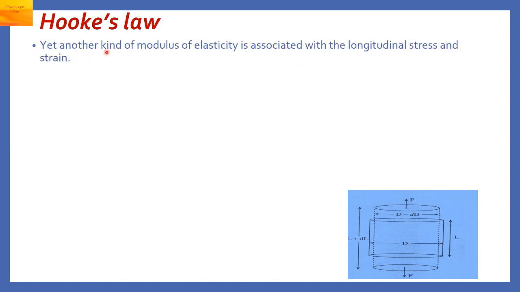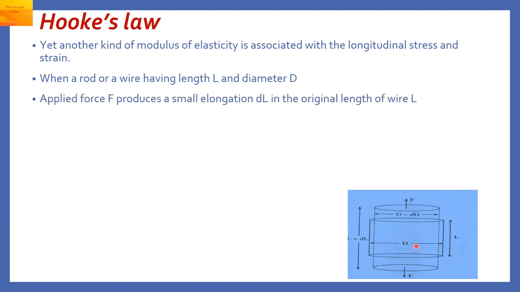There is yet another kind of modulus of elasticity associated with the longitudinal stress and strain. If we consider a rod or a wire having length L and diameter D, that is shown in this diagram. The length is L and diameter is D. Applied force F produces a small elongation dl.